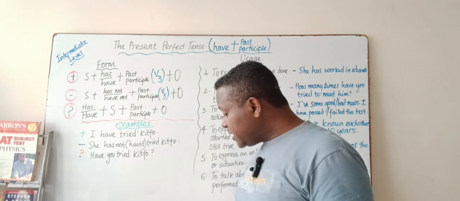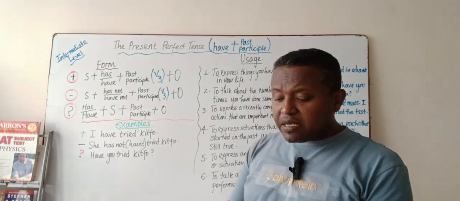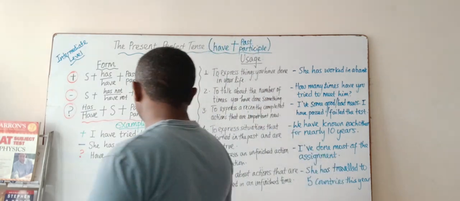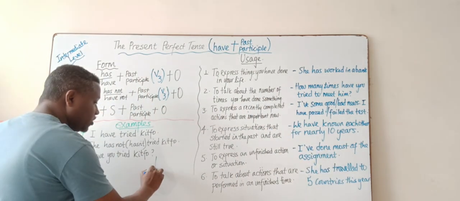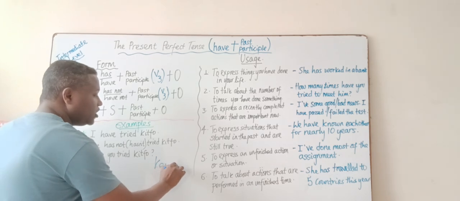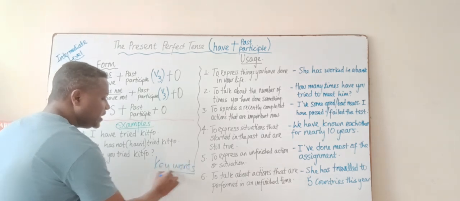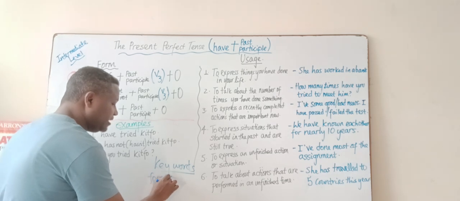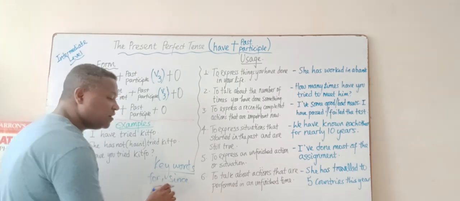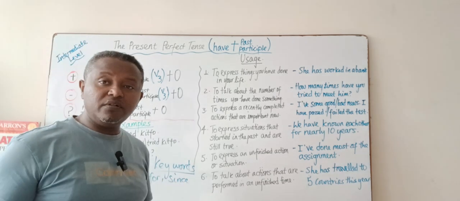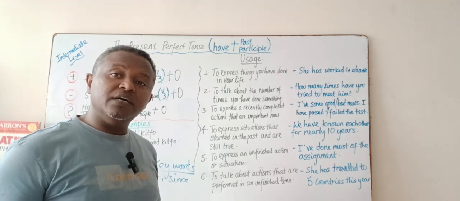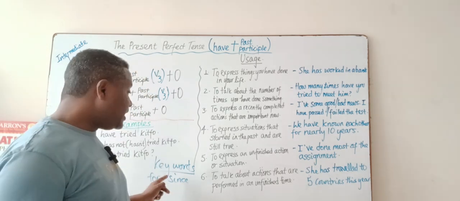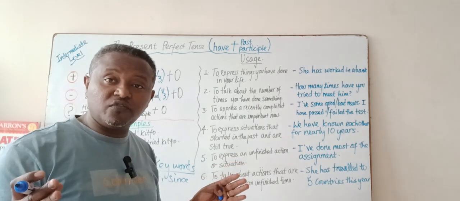We frequently use the present perfect tense with keywords like for and since. For example, I have known him for 5 years. For tells us the duration of the action.